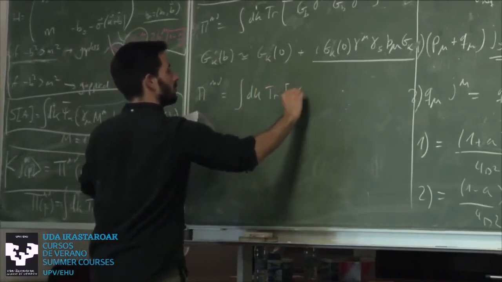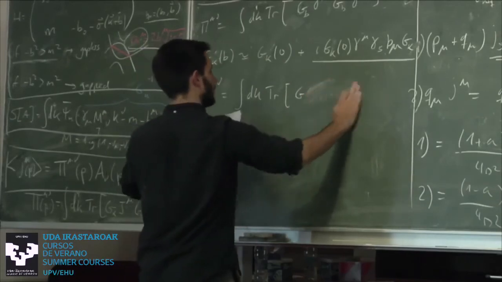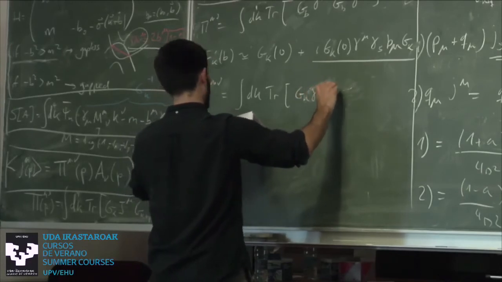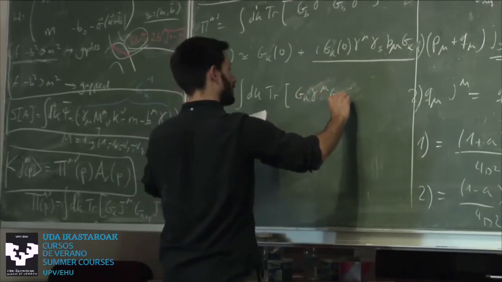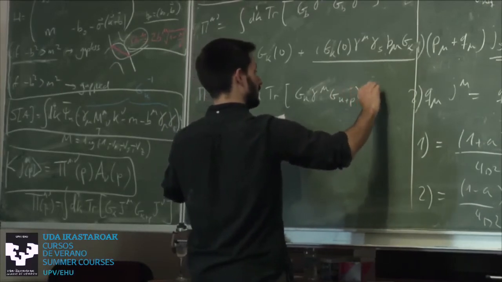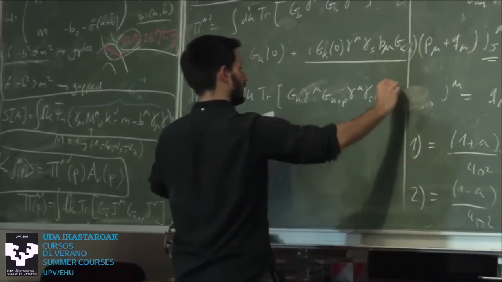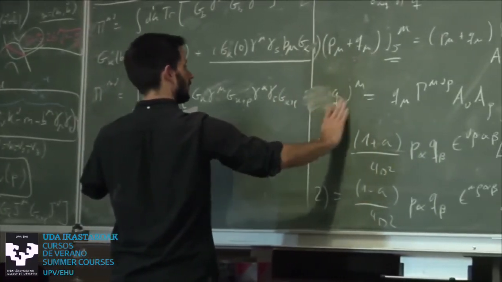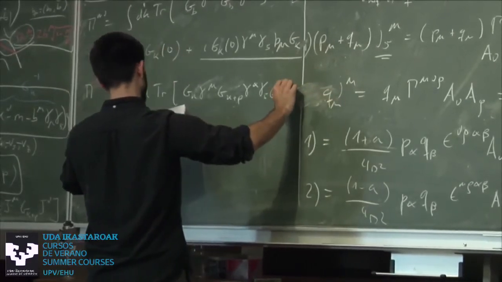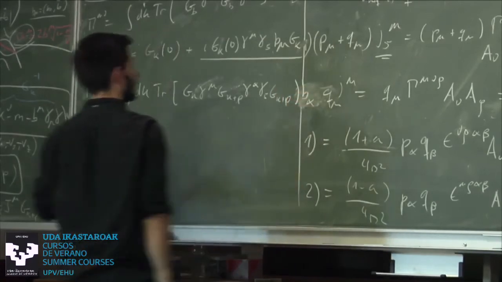Trace of G gamma mu G. Actually, now the momenta matter. G K plus P alpha gamma 5 G K plus P, K plus B, B alpha.